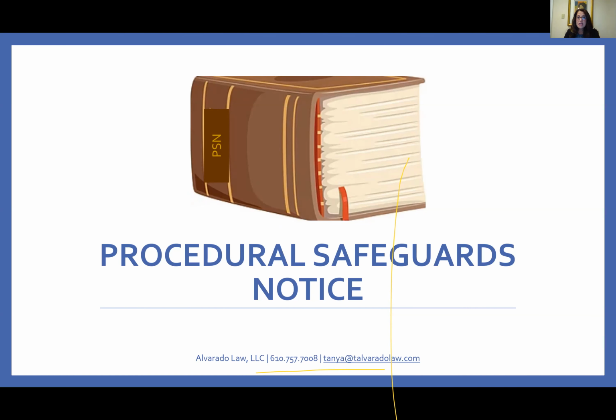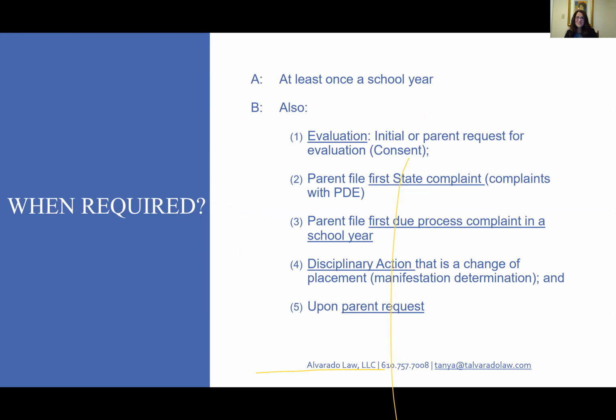It is supposed to be in more friendly language, but a lot of it really follows the language of the statute, and I think that's one of the difficulties. It's one of the difficulties that I had myself in trying to parse it down and make it more friendly and accessible. But fundamentally, the procedural safeguards have a lot of information in them, and we're going to try to get through that.